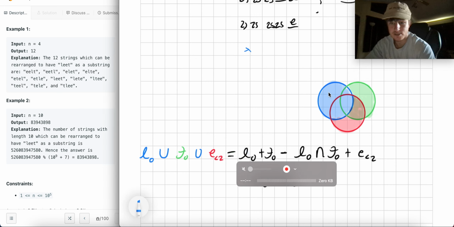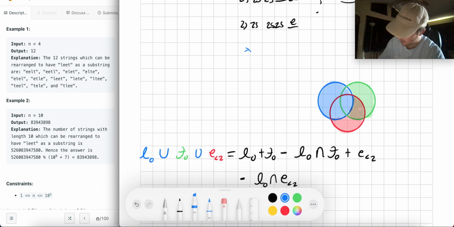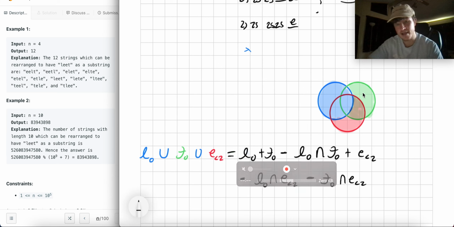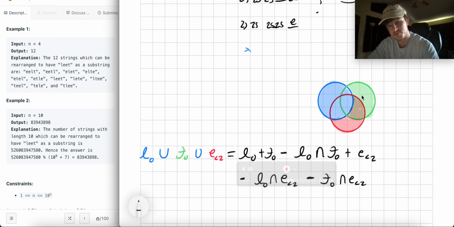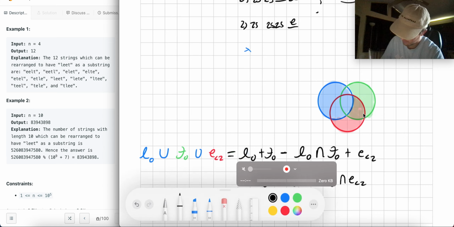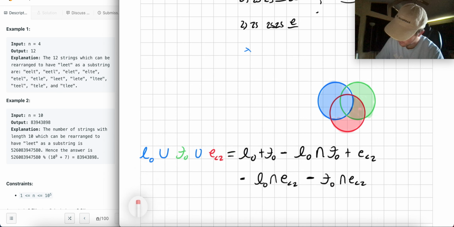But what I could do is subtract out the red and the green together, so that would be T0 and E less than 2. But then that's going to subtract out this area too. It's going to get rid of this area, but it's also going to get rid of this area.